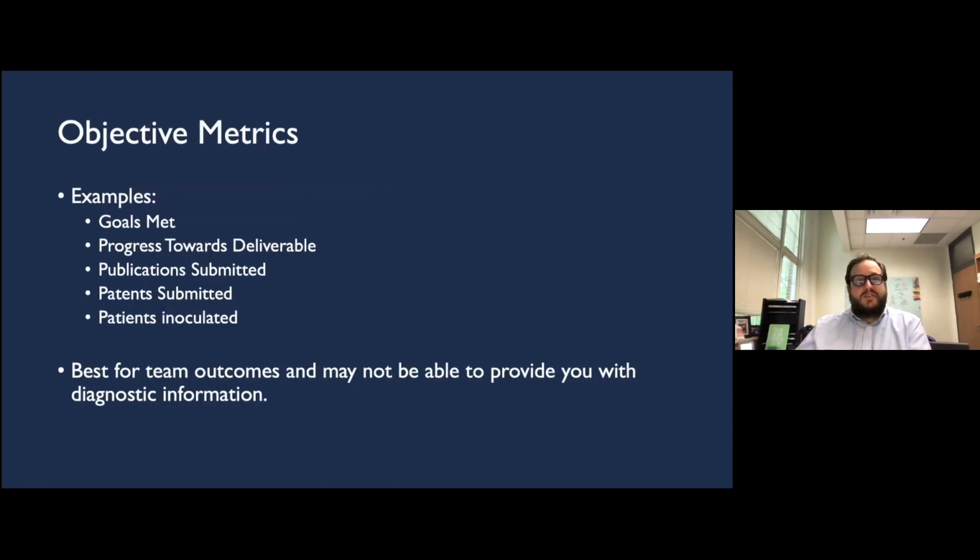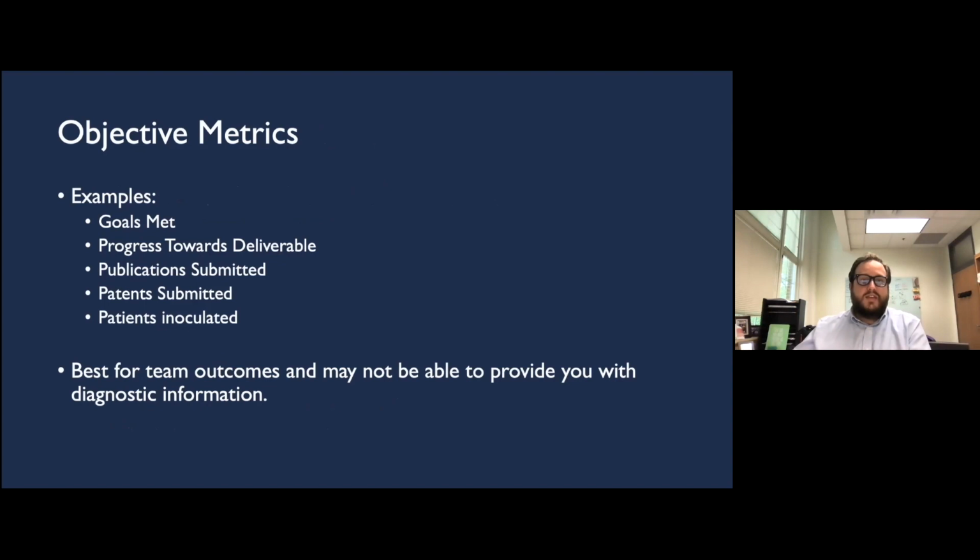And lastly, objective measures. These are usually good for team outcomes. So the amount of goals that are met, you can gather this information at meetings, progress towards deliverables, whether or not you've submitted publications, the number of patents submitted, the number of patients inoculated within a particular team, all sort of objective counting variables that you can get at the end of the day that can be useful.